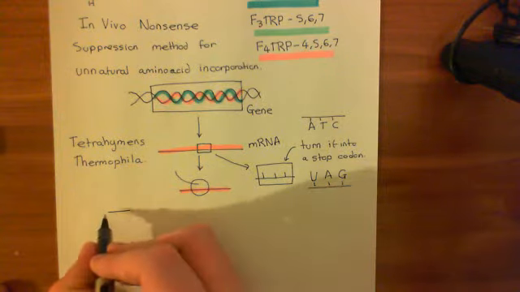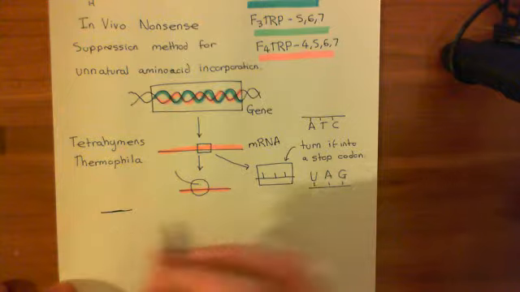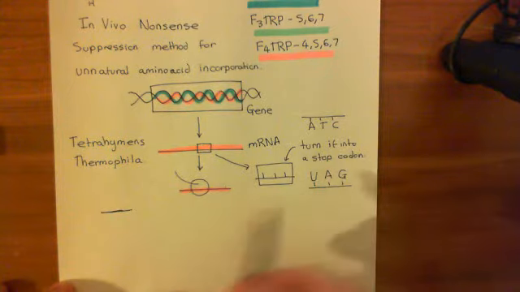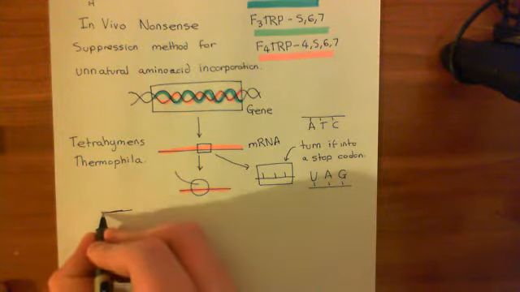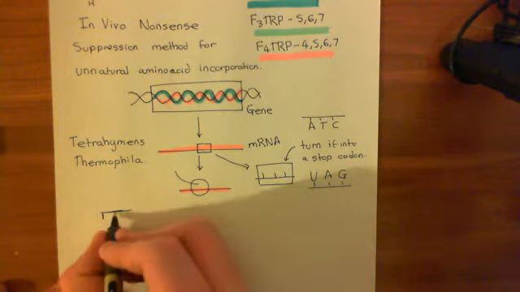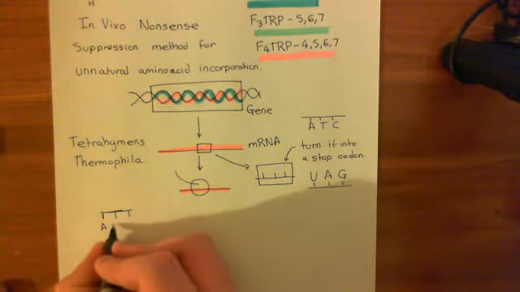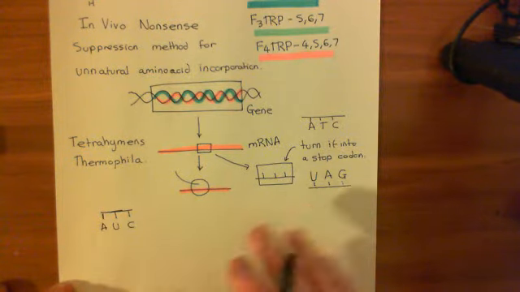So what you do is you go to your Tetrahymena thermophila, and basically in that species UAG is not a stop codon. So Tetrahymena thermophila does have tRNAs with the complementary anticodon, which in this case is AUC.